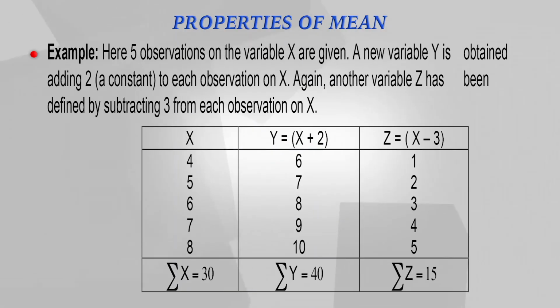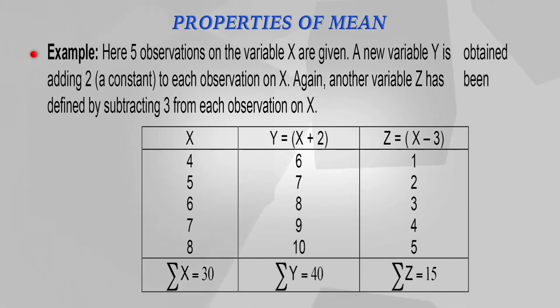Now, let us take an example to understand the previous property. Here 5 observations of the variable x we have taken, that is 4, 5, 6, 7 and 8, and the sum of these observations is 30. Now, we obtain another variable y by adding a constant value 2 to each and every value of the x variable.